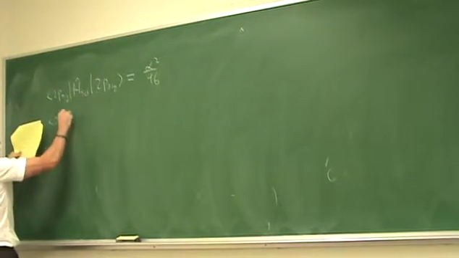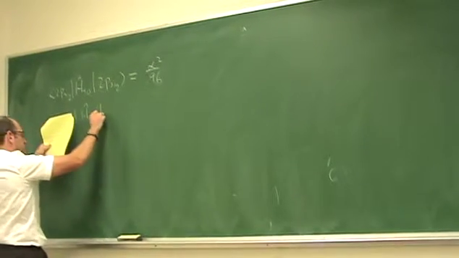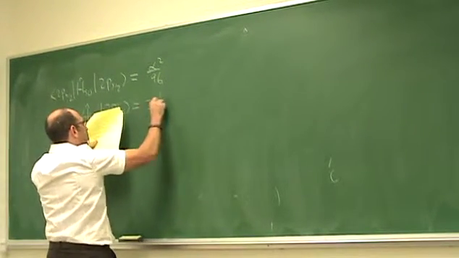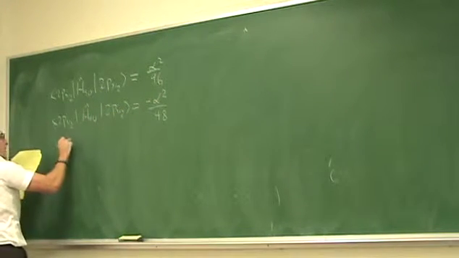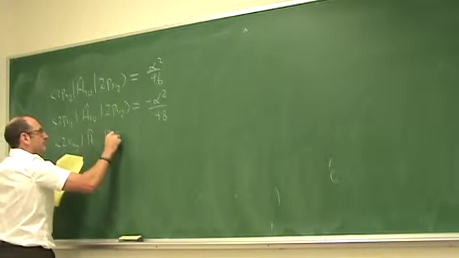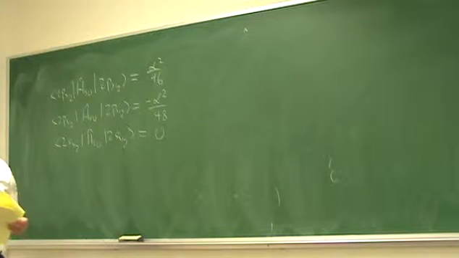For the 2p 1/2, the spin orbit shift is minus alpha squared over 8. And of course, for the 2s, there is no spin orbit coupling, since L equals 0.